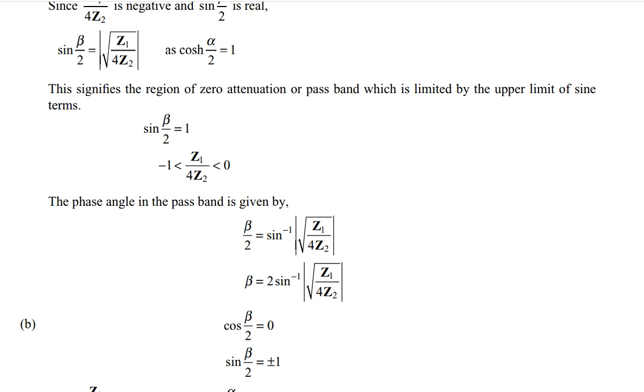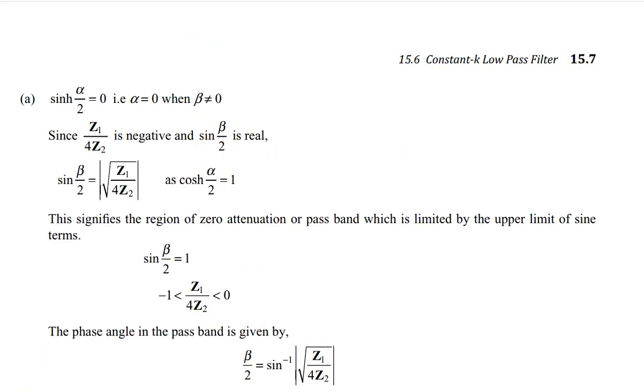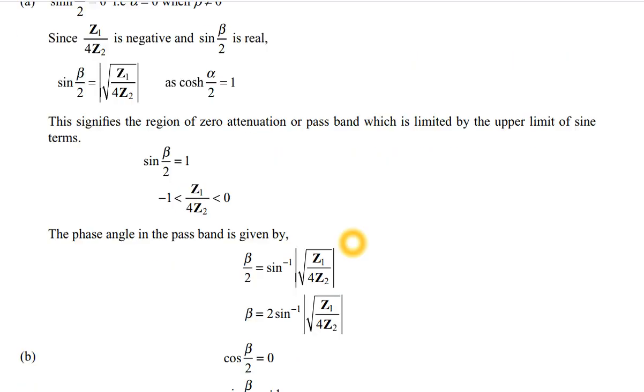This is the beta value, that is the phase constant, when attenuation alpha is 0. Since this attenuation is 0, we are considering this case as pass band. This is very important, you better understand this for understanding the further classes.